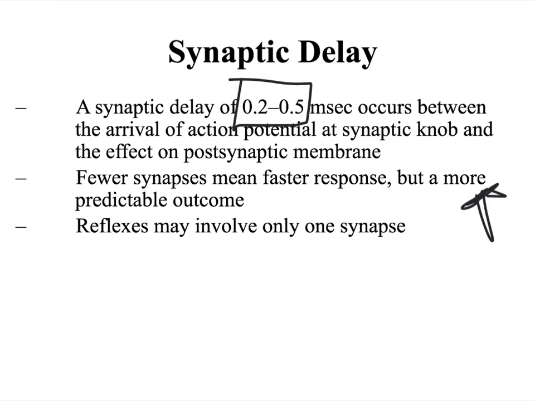Again, think about an animal such as a chicken or a lizard. There's just not that many alternate reactions you're going to get. So understand again that fewer synapses means faster response but more predictable, whereas more synapses will be a delayed response, but you've got more possibility of a variable outcome.